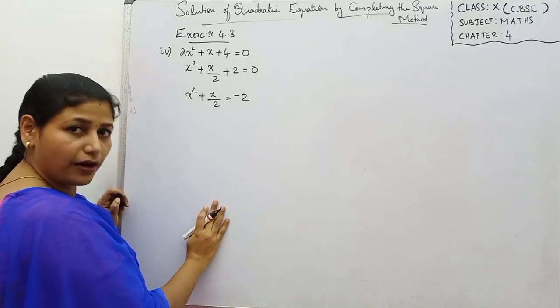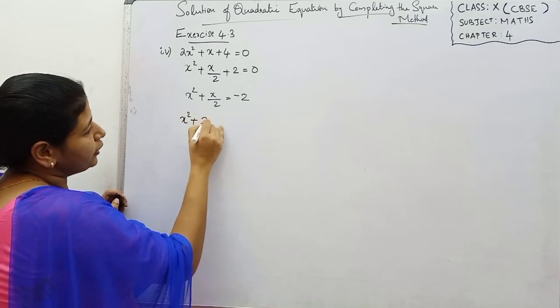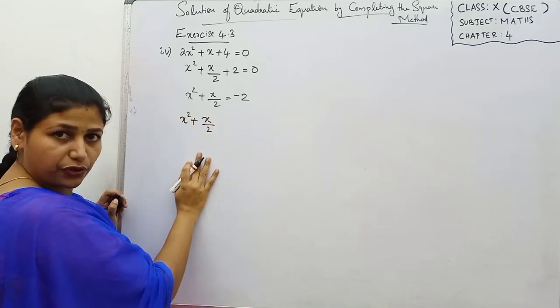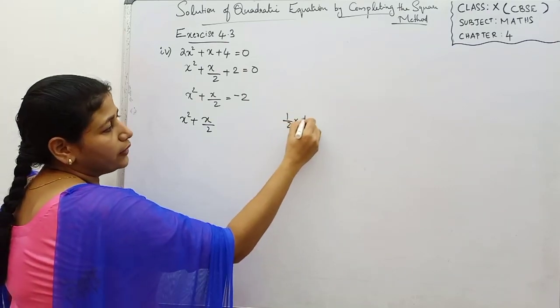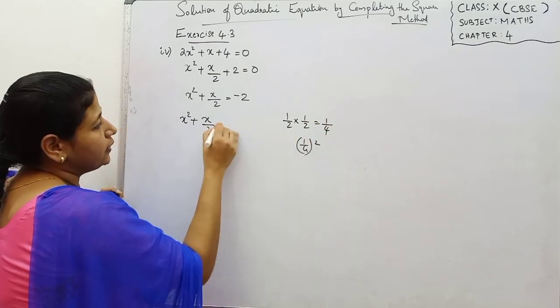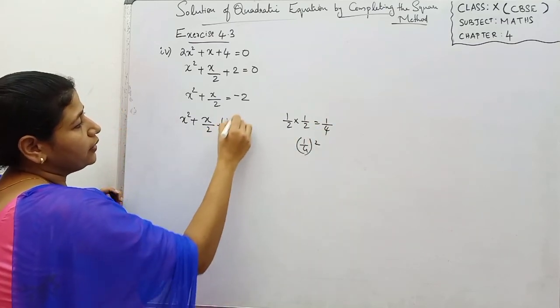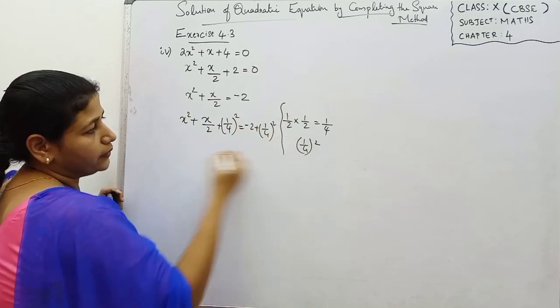Now add the square of half of the coefficient of x. So x² + x/2. 1/2 is the coefficient of x and half of 1/2 is 1/4, and square means (1/4)². Now we can add (1/4)² on both the sides.